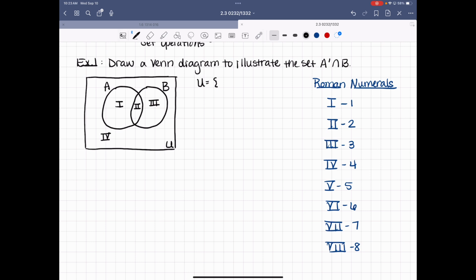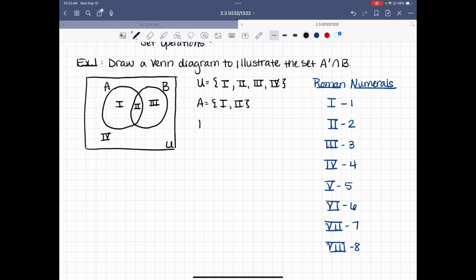Yeah, 4. Well, now remember, universal set is all of them, right? So the whole universal set is 1, 2, 3, and 4. That's everybody in the set. No trick. Okay? So who's in A? If I look at the whole circle A, what regions are in A? 1 and 2. Good.